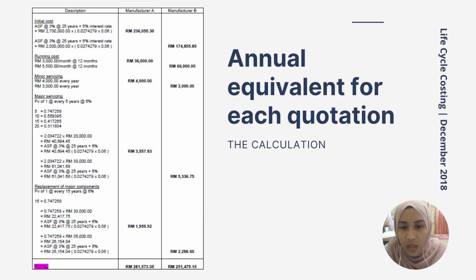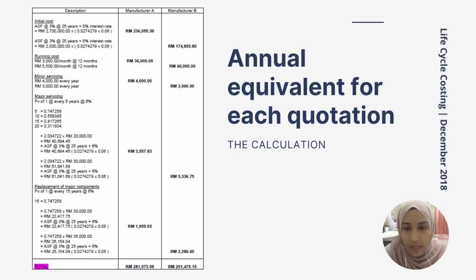equal to 1,959 and 92 cents. This side for manufacturer B, 35,000 times 15 years PV of 1 equal to RM 29,154 and 4 cents.